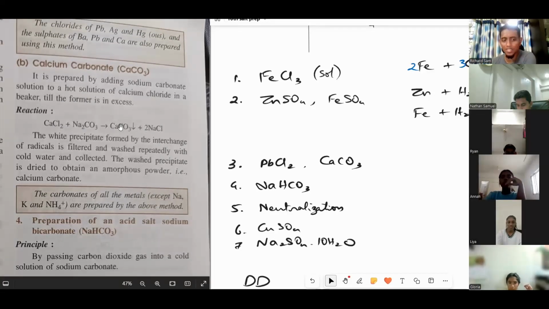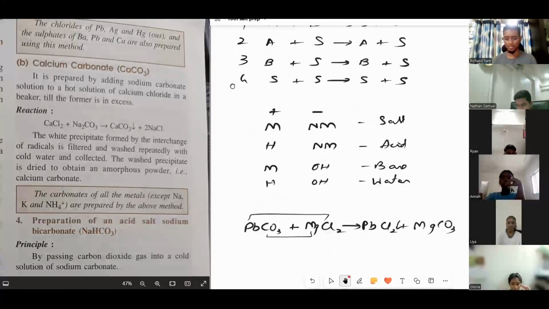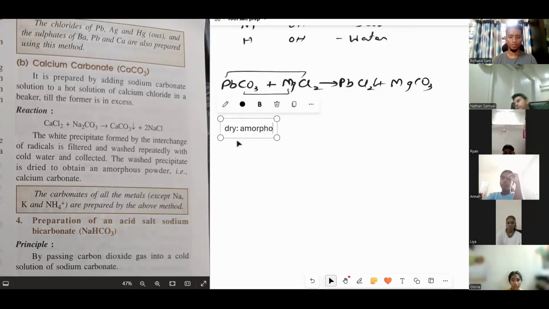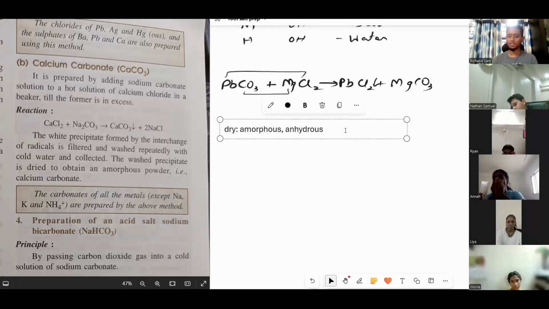Now the calcium carbonate that you get here is amorphous powder. Amorphous means anhydrous. Anhydrous, amorphous, they all mean the same thing. Dry means amorphous or anhydrous. Dry means without water of crystallization. And if there is water of crystallization, what do we call it?